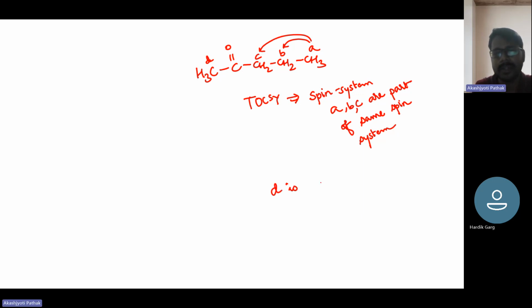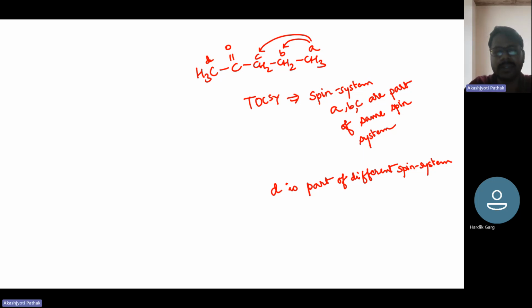D is part of a different spin system. So that is the main crux of this experiment.